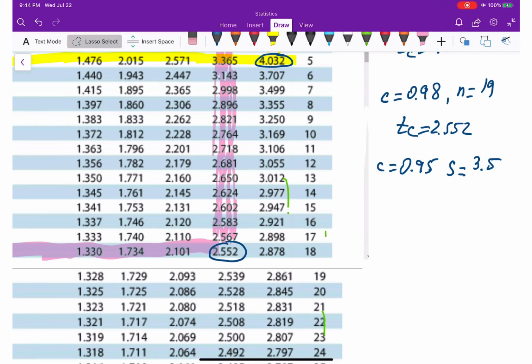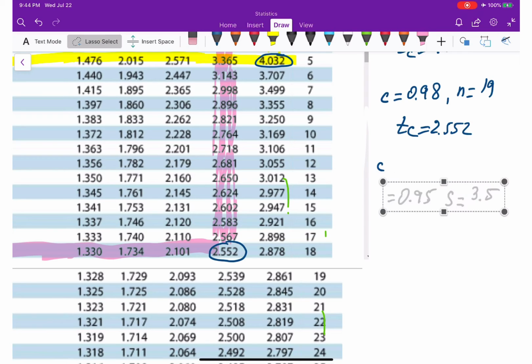Let me move a little bit more down so it won't look like it's a part of the previous problem. S is equal to 3.5 and n is equal to 7.